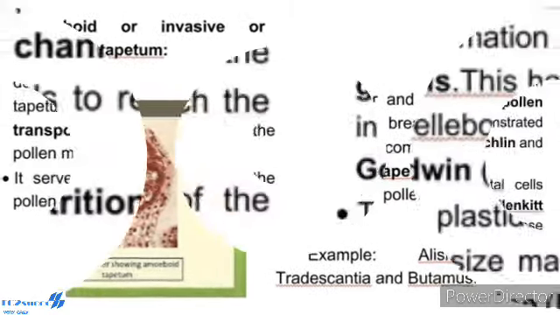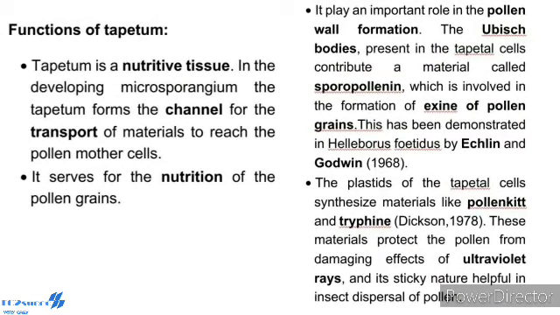So one question that will be asked: list out the important functions of the tapetum. The tapetum plays a vital role for many purposes. Tapetum is a nutrient tissue. In the developing microsporangium, the tapetum forms a channel for the transport of material to reach the pollen mother cell.